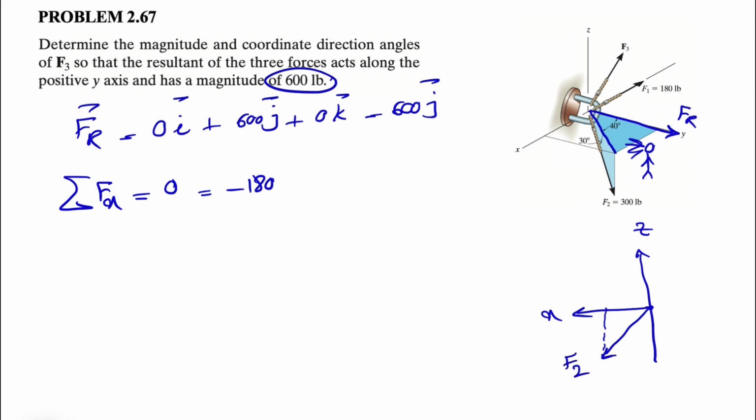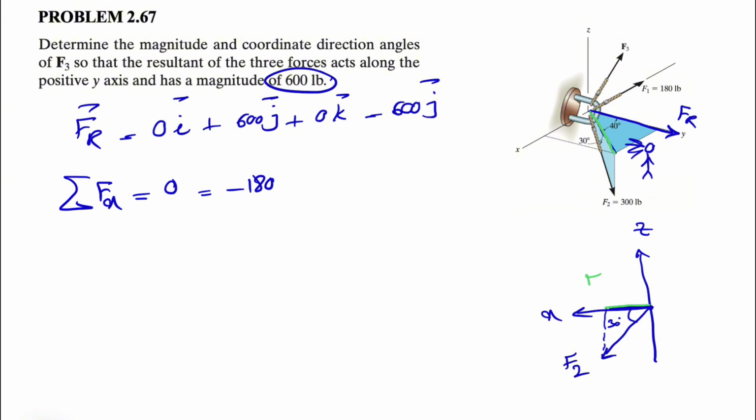The angle that it makes with F2 is 30 degrees, which is this angle. I'm going to show it in a different color, green, so we can use it later too.